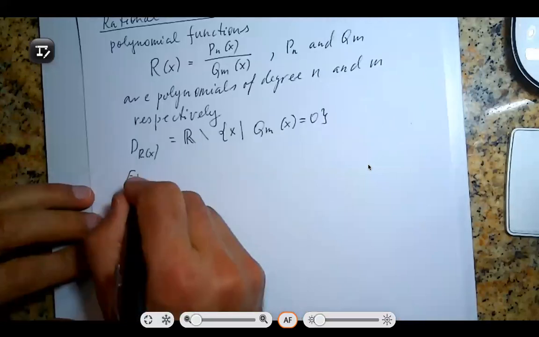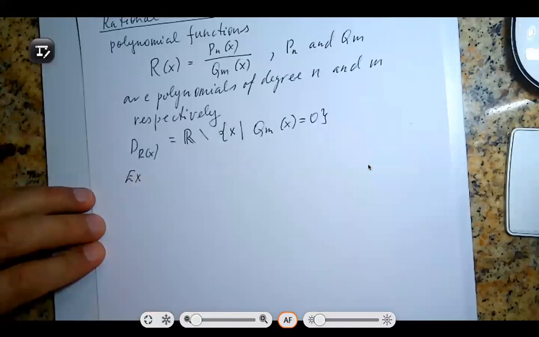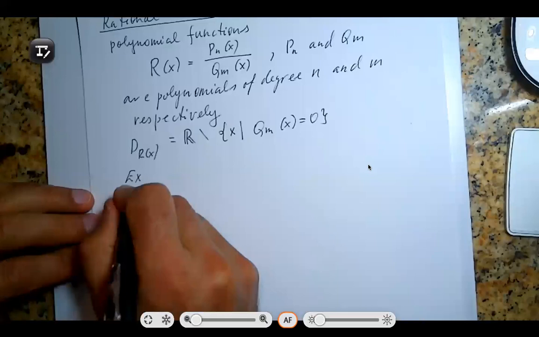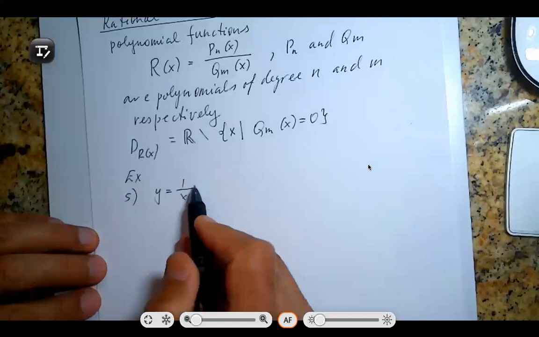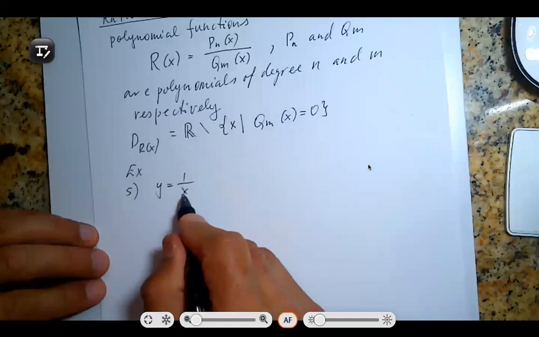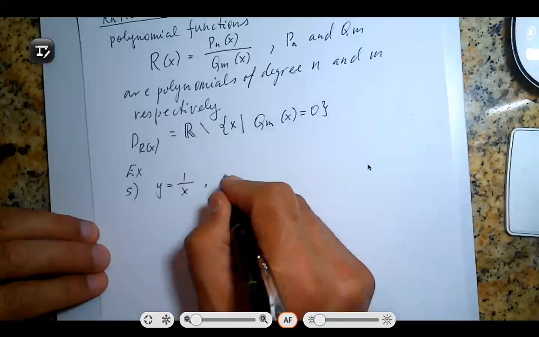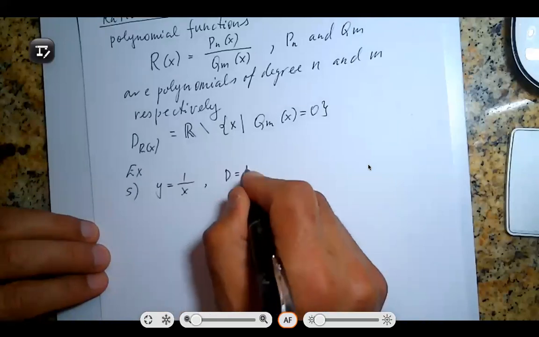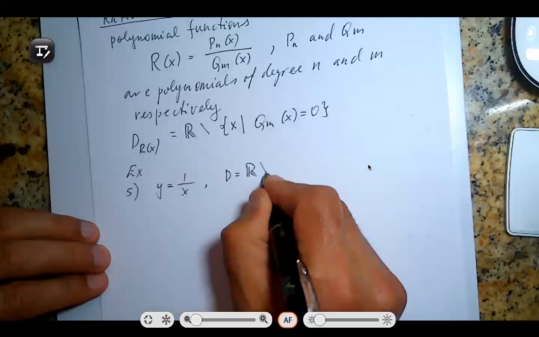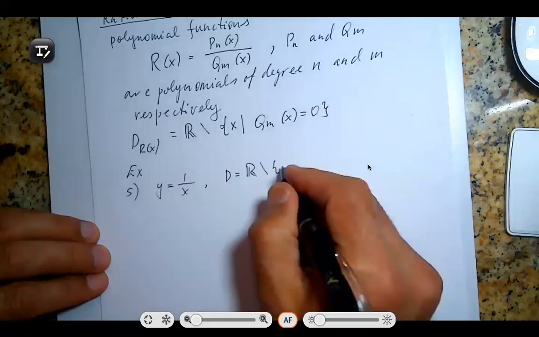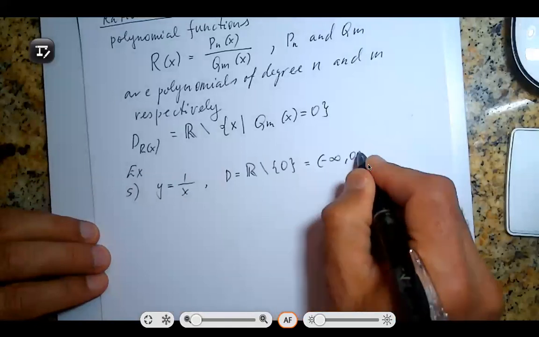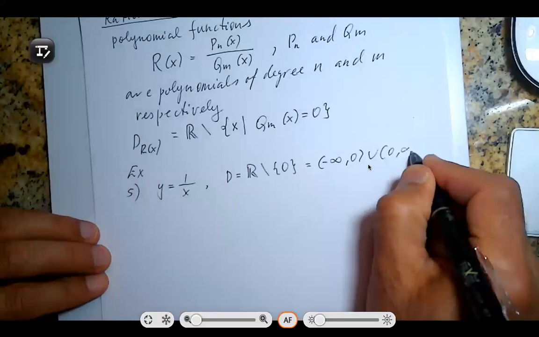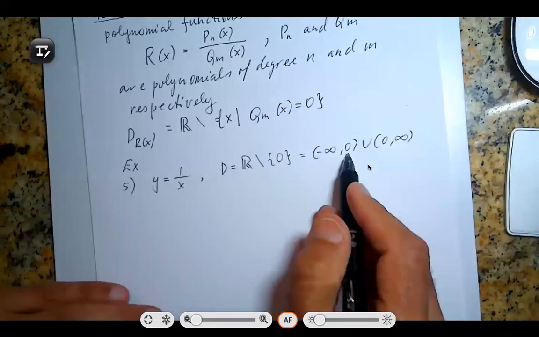Here's an example: y equals 1 over x. It is a rational function, a polynomial of degree 0 over a polynomial of degree 1. So its domain is all real numbers except 0, which is negative infinity to 0 union 0 to infinity.